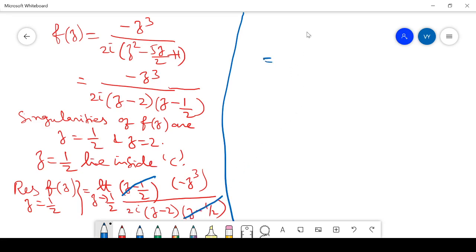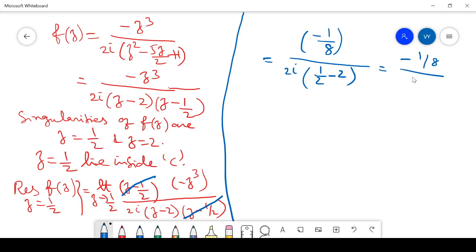This will give you minus 1 by 8 divided by 2i into 1 by 2 minus 2, so minus 1 by 8 divided by 2i into minus 3 by 2.